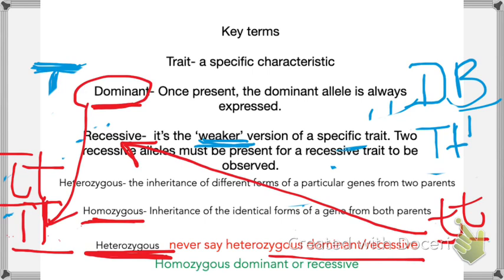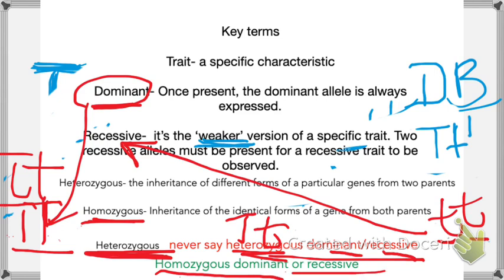So you don't need to specify heterozygous dominant and heterozygous recessive, because heterozygous means that they got two different forms of the allele. But you should go on to say homozygous dominant or homozygous recessive, because the person can inherit two opposite things, so you need to specify which homozygous you're talking about.